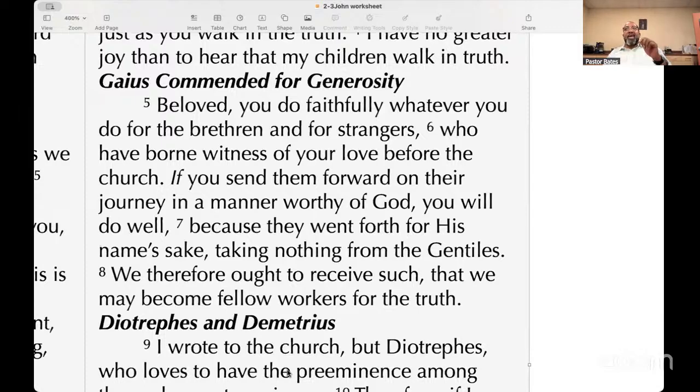Testified of the truth that is in you, just as you walk. So it's truth that's in you, and you're walking in it. So when I'm looking at verse 3, I know that's what's getting him excited.